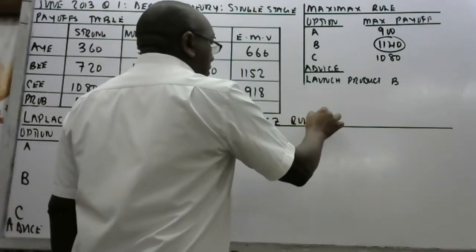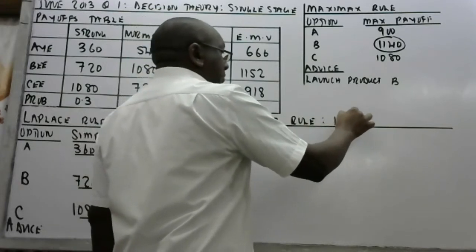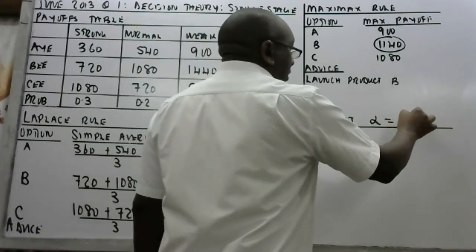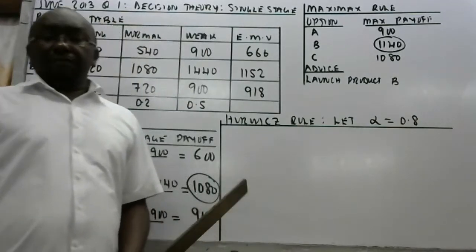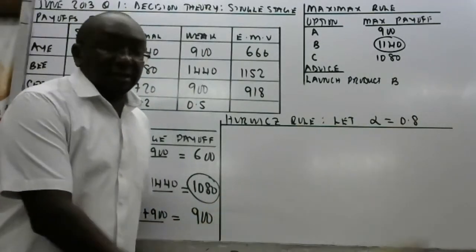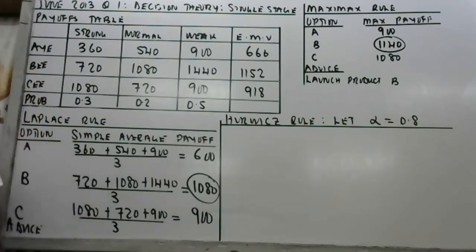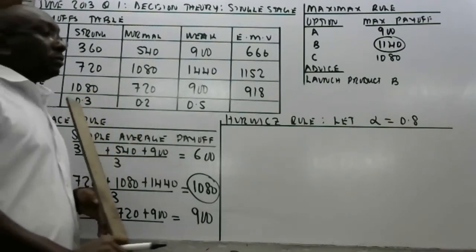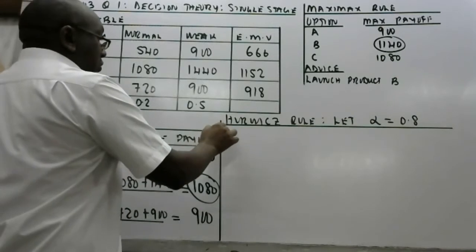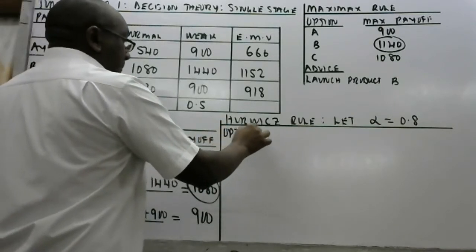Now, Hurwicz's rule requires something called alpha. So we can assume, when you see the word red, that means it has been assumed. So what you do, you get the option here.